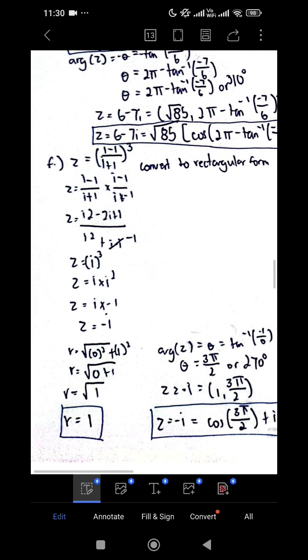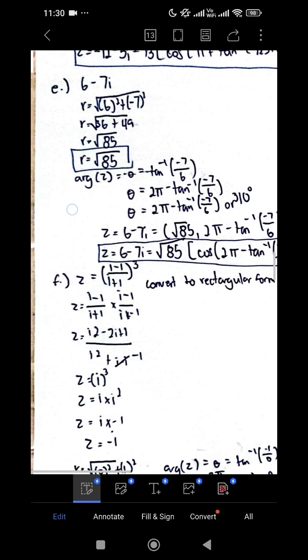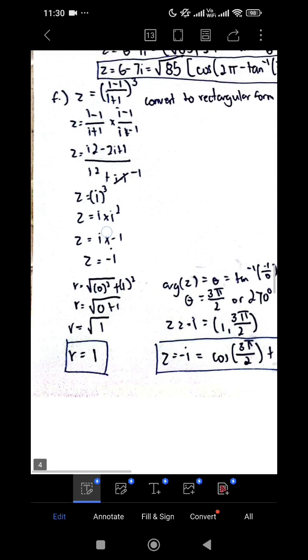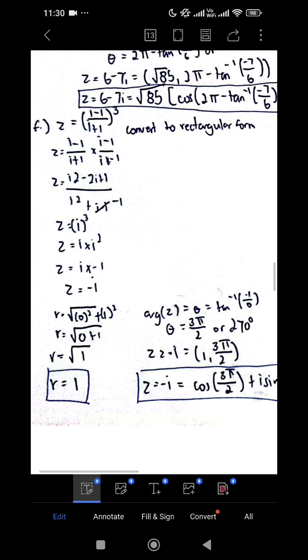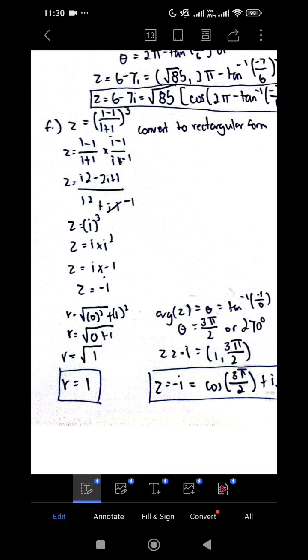Next is the letter F, last but not least on this type. So z is equal to the different given, which is parenthesis 1 minus i over 1 plus i, quantity cubed. So we need to convert this to rectangular form. How do we do that?